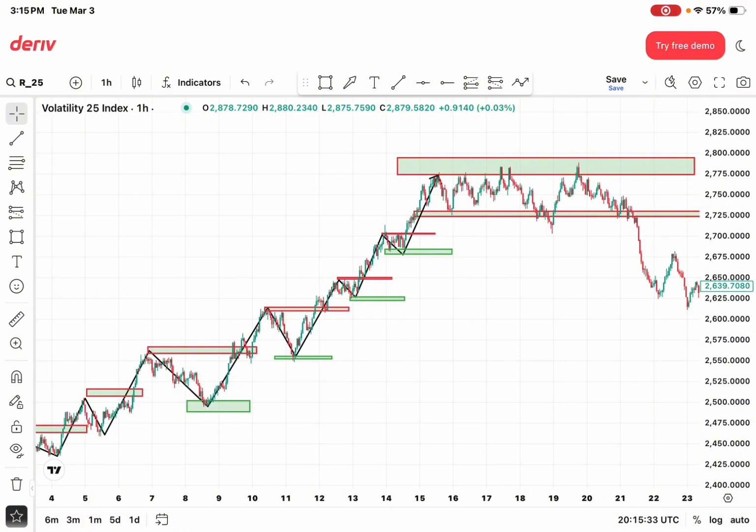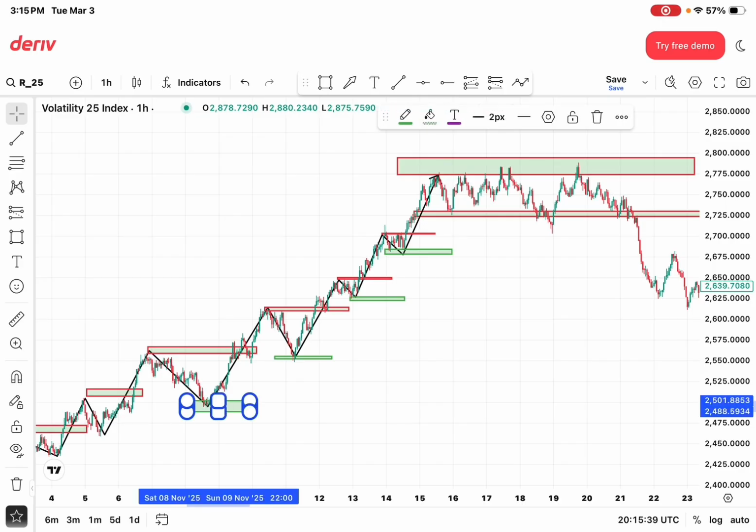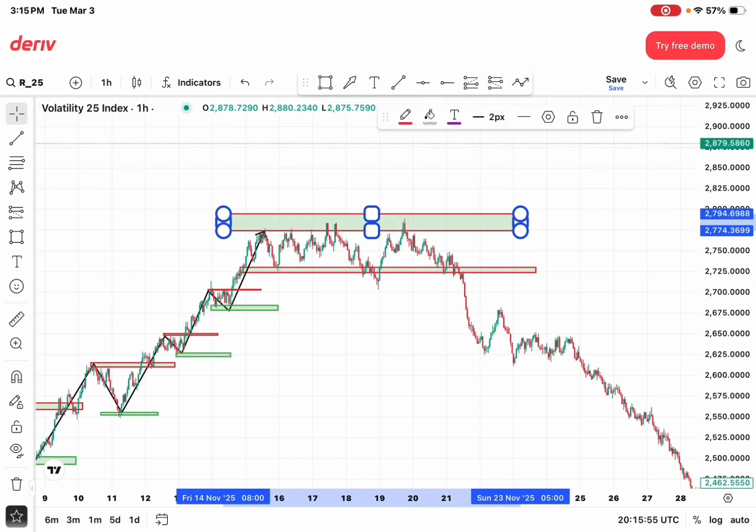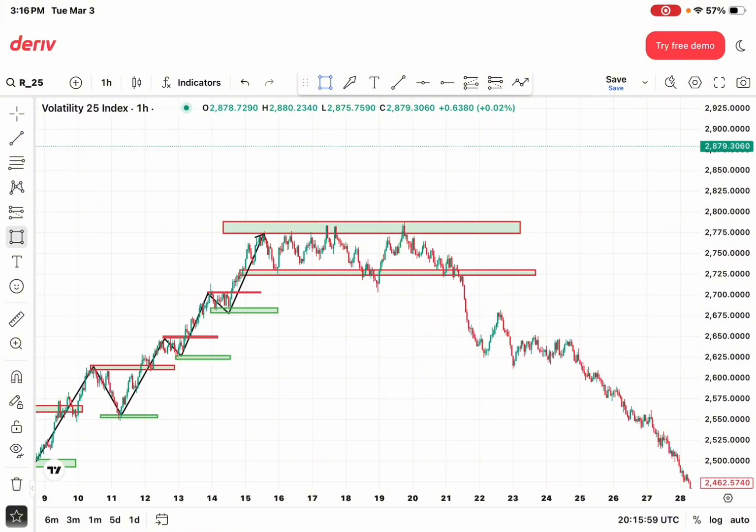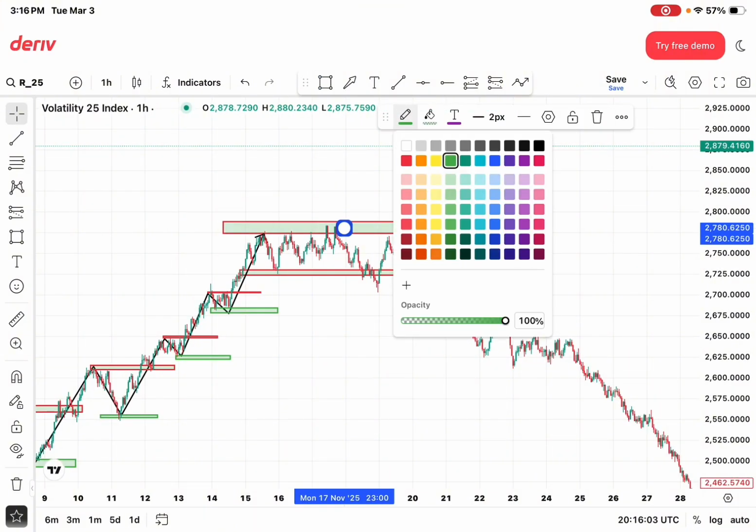Once it doesn't break the previous higher lows, then we know in an uptrend there is a level of consolidation. Put this in blue because over the notes part, we did have it in blue, right? Blue, blue, blue, blue.